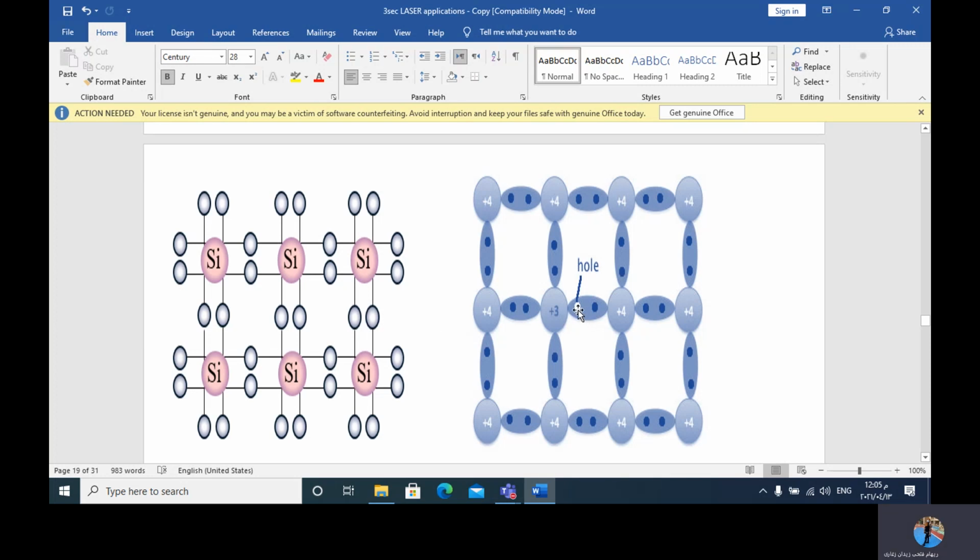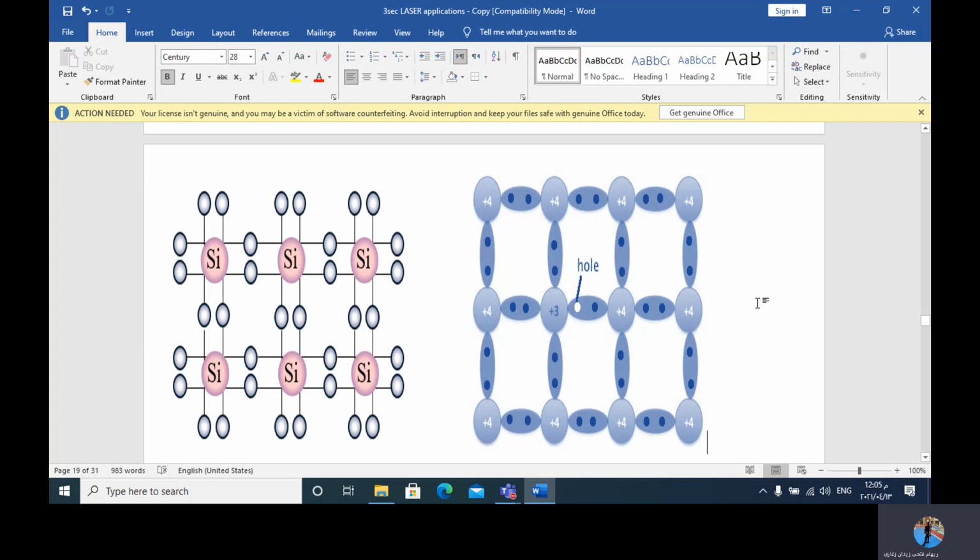Now, when the electron leaves its place in the covalent bond, we call this a hole. A hole means a missing position of an electron. So if an electron leaves its position, we call this a hole, which is considered a positively charged carrier, because it's a missing electron.